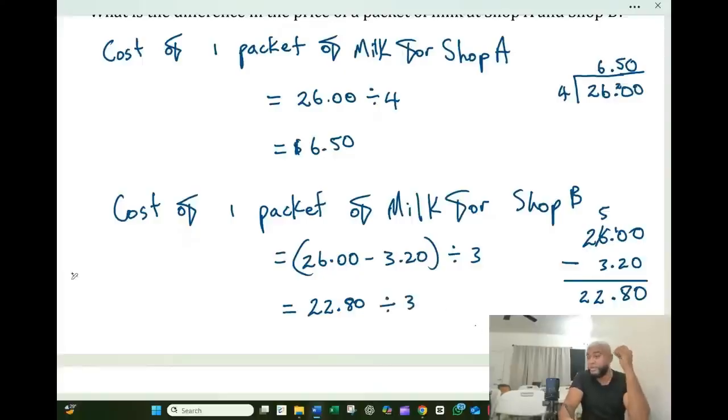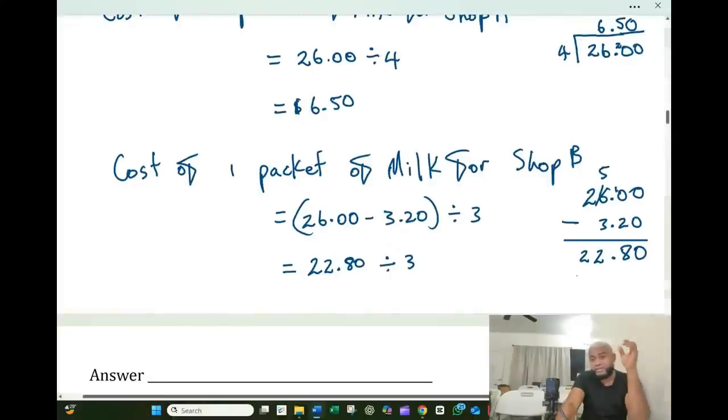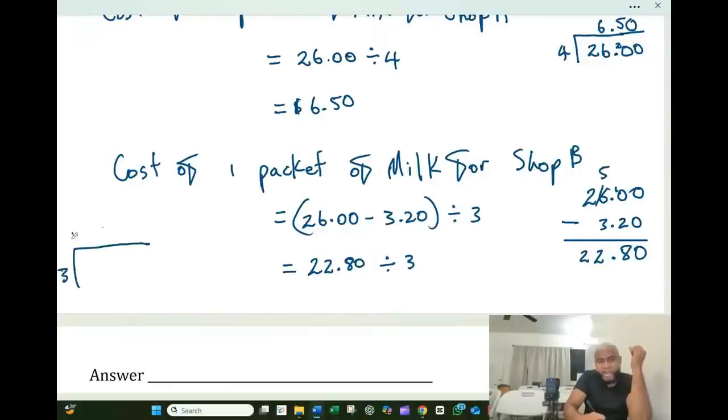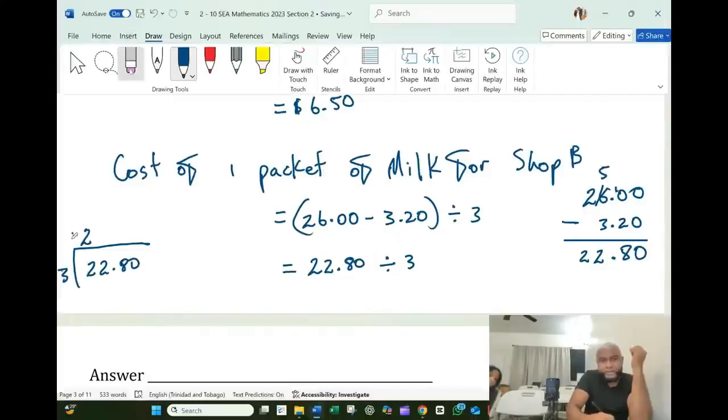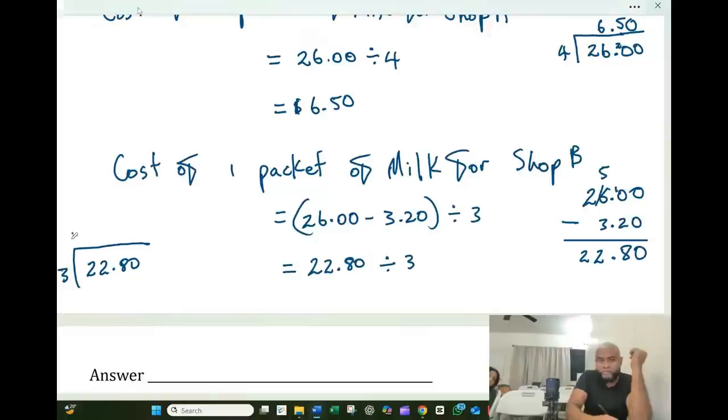Let's work. We need to divide that. I do it on this side, guys. I don't want to run out of space in that corner. Actually, let me do it right here. All right, so we have 3, and then we have 22.80. Now 3 cannot go into 2, obviously.